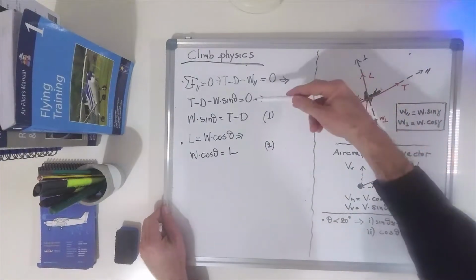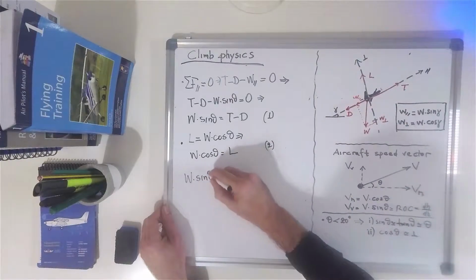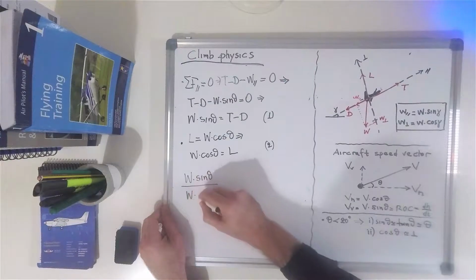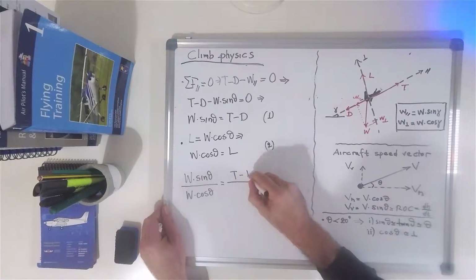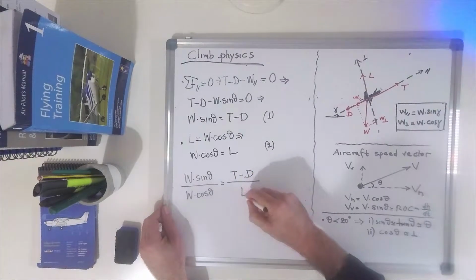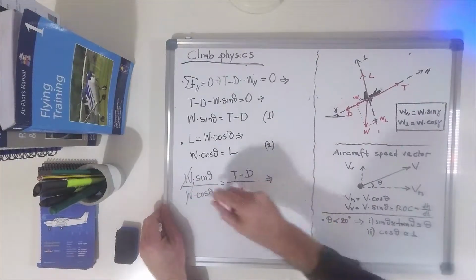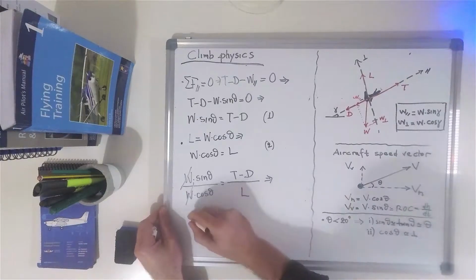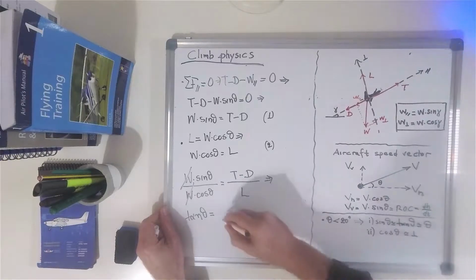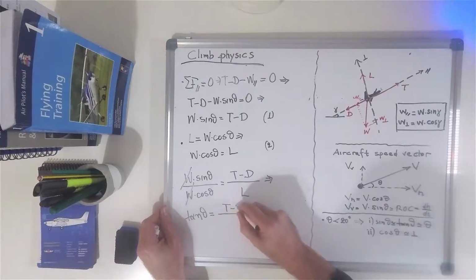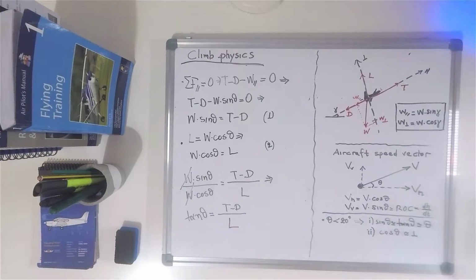If we divide expression 1 by 2, we have that sine divided by cosine is the tangent of the angle of climb, and we have this relationship.